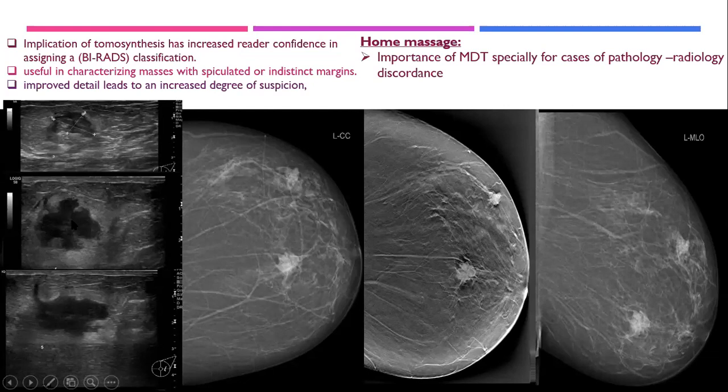I brought this case to show the importance of the MDT, especially for cases of pathology radiology discordance. Unfortunately, at that time the patient was not discussed in the MDT and was managed according to the pathology result, with wide local excision of the smallest lesion, and they left the largest one.